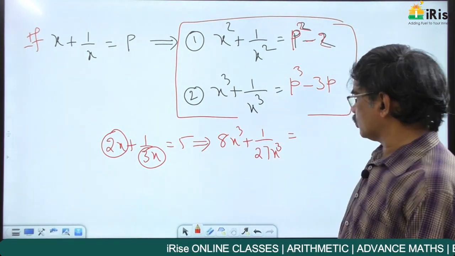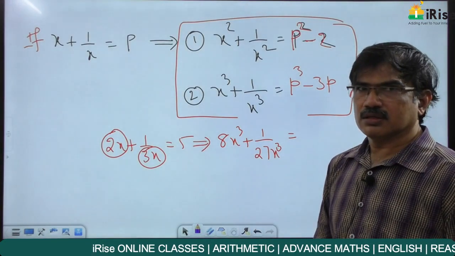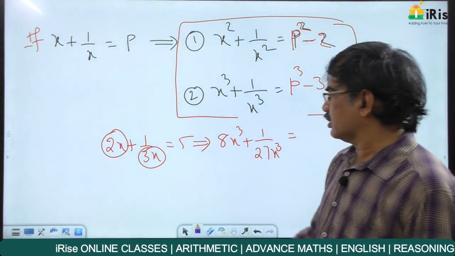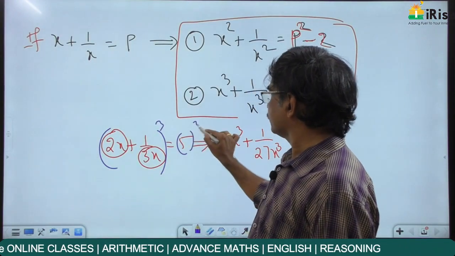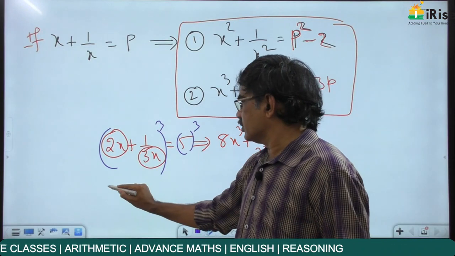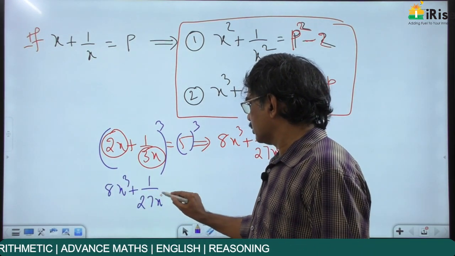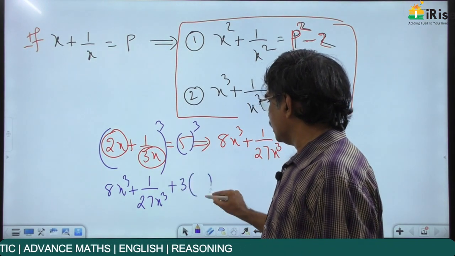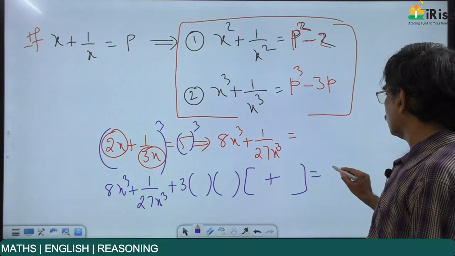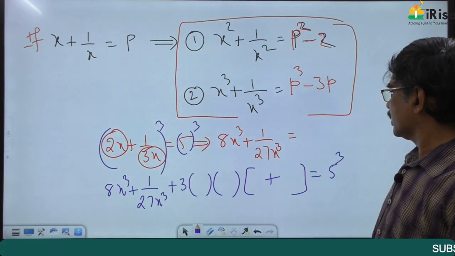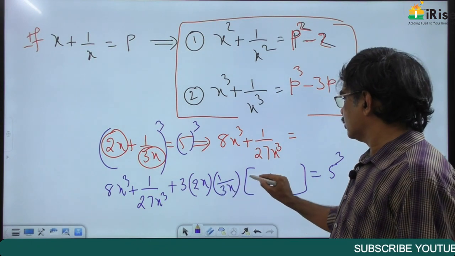Then how to solve this question? Very simple. Just use the a plus b whole cube formula. Taking cube on both sides, a cube plus b cube plus 3ab into a plus b is equal to 5 cube. This is 2x, this is 1 by 3x.